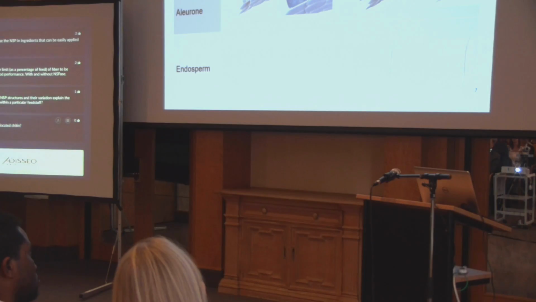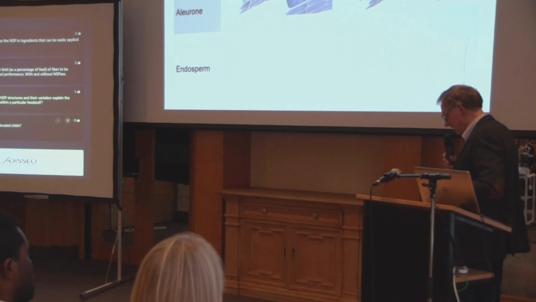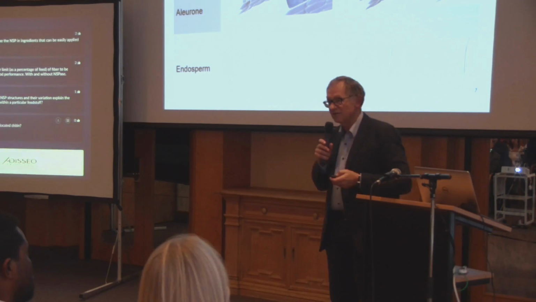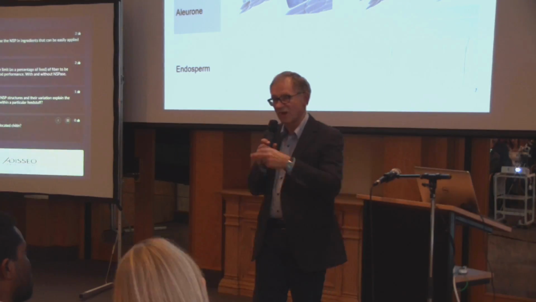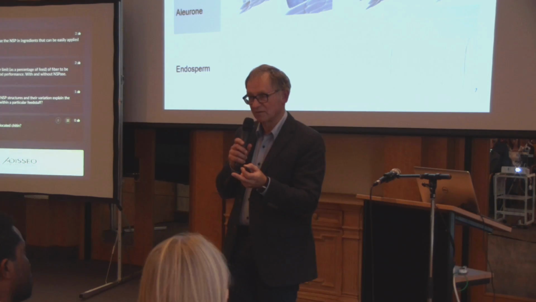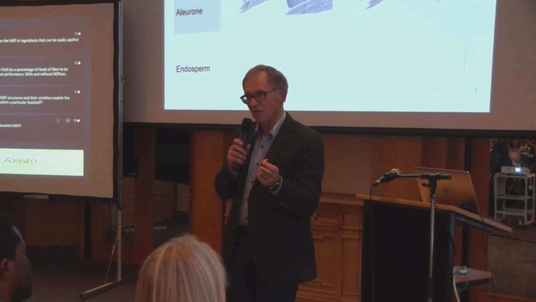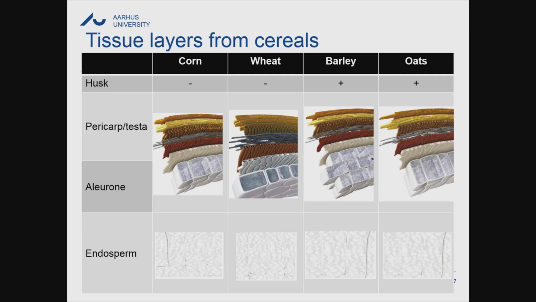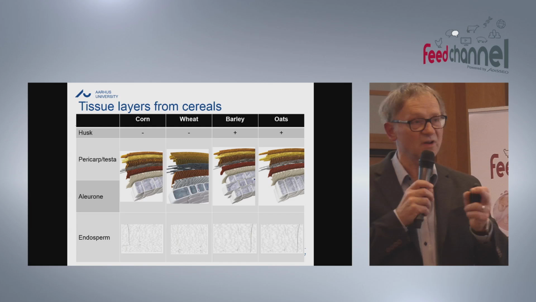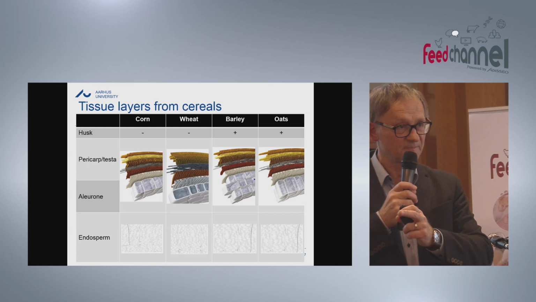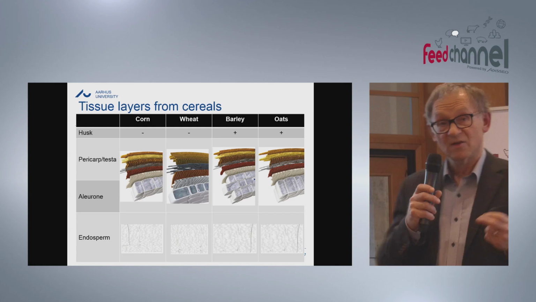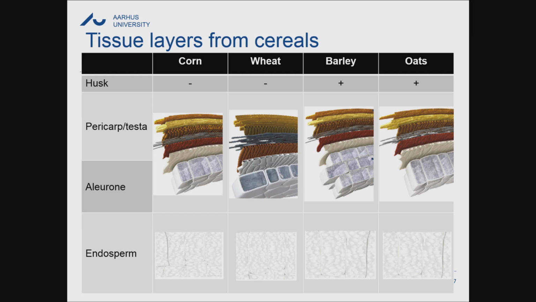Well, in the aleurone layer, in addition to the cell walls which surround the cell content, this cell layer also has a very high concentration of protein and essential amino acids, together with the majority of the phytic acid which is present within the aleurone cell layer.